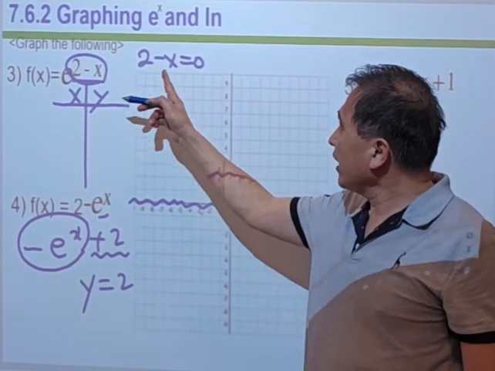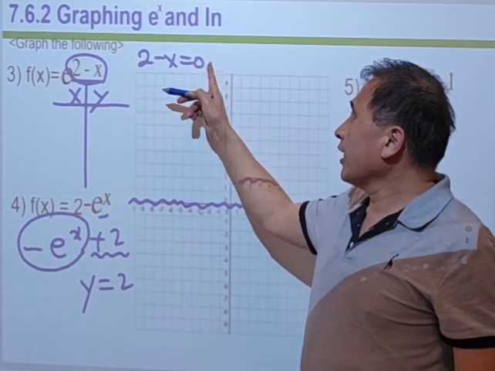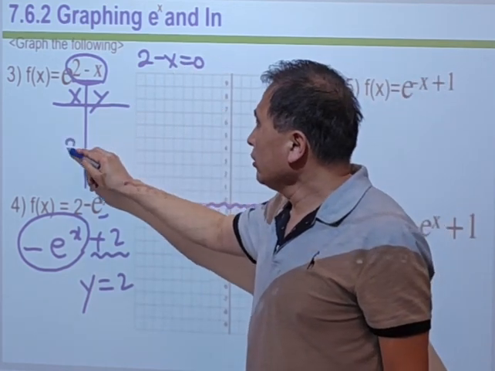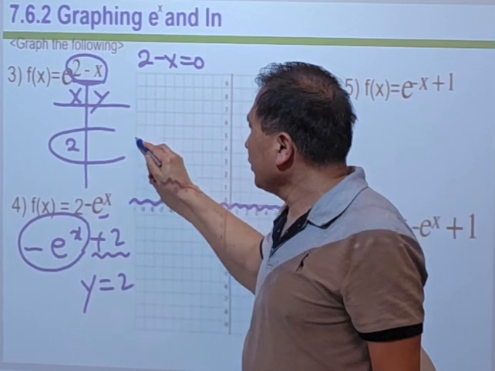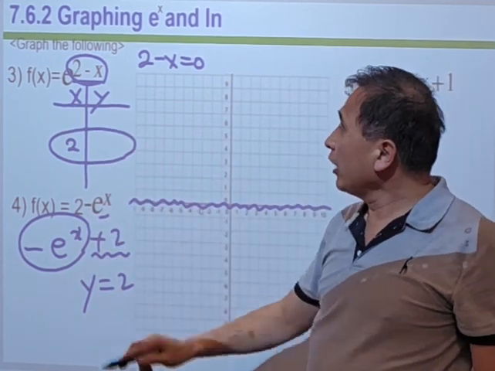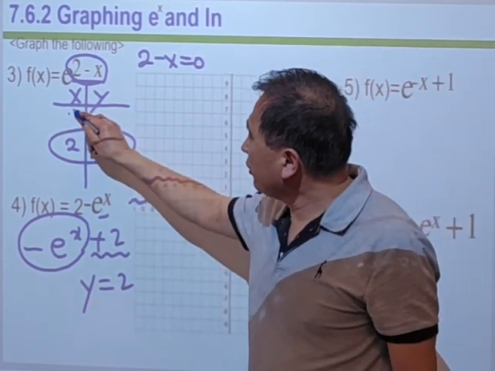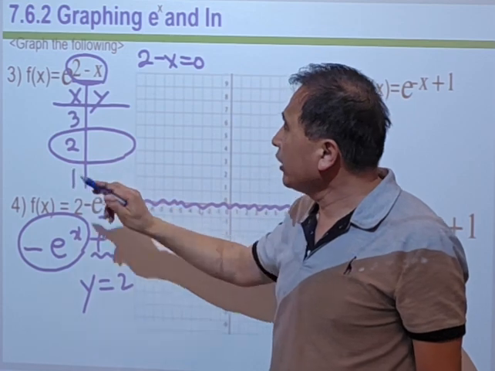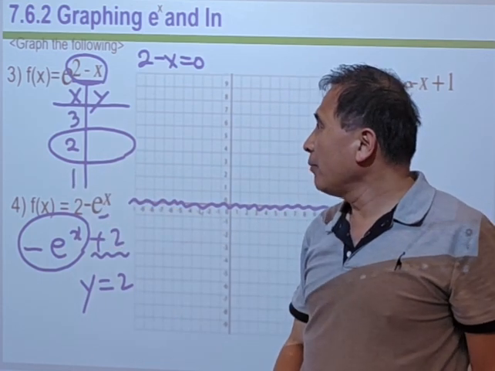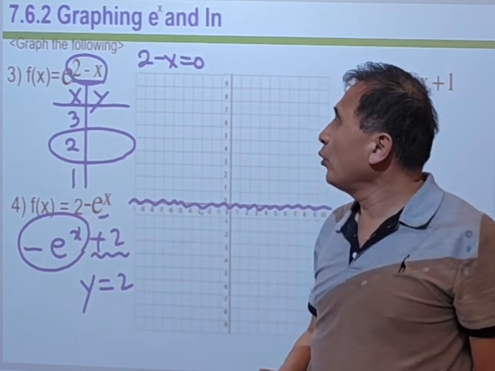So 2 minus x equals 0, you move x to the other side, x equals 2. So 2 you might put in the middle, and for the other 2 points, you just add 1. So that's x value 3 and x value 1. Then you find the y values and plot those 3 points.